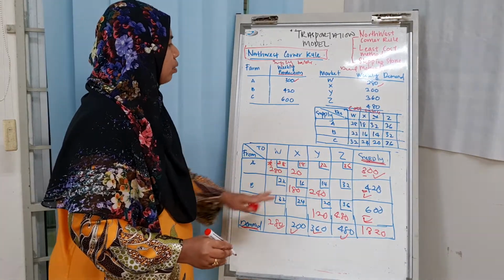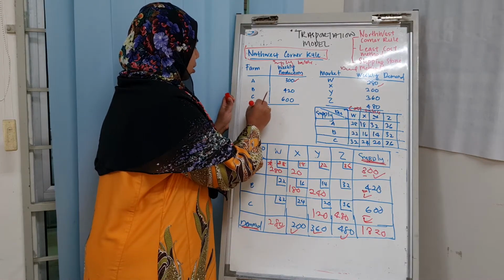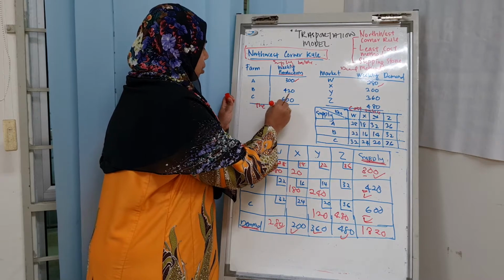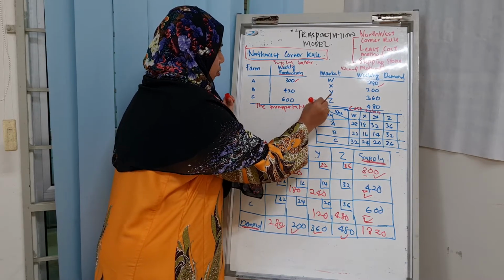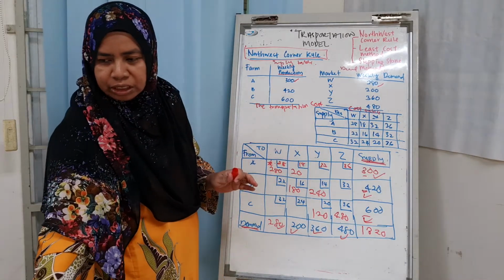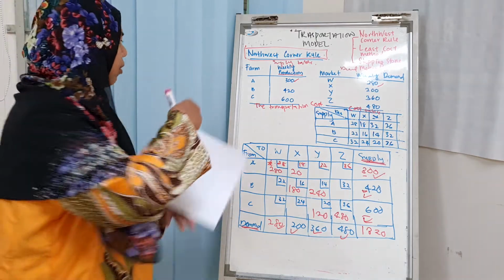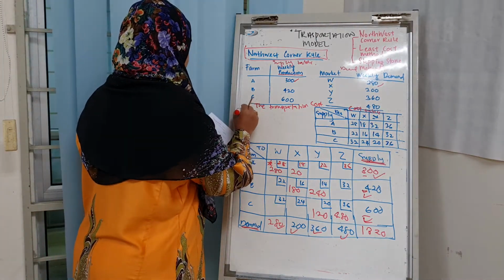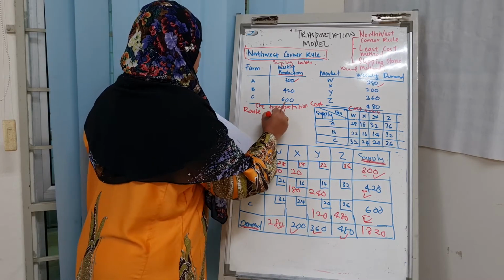Now we have to calculate the transportation cost. So how do we calculate the transportation cost? We put the route first, and also the cost.